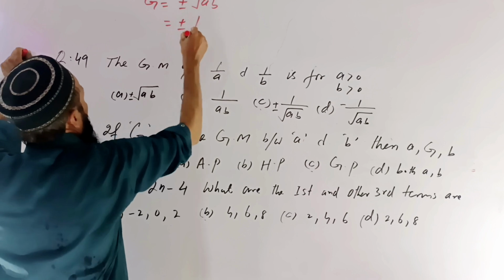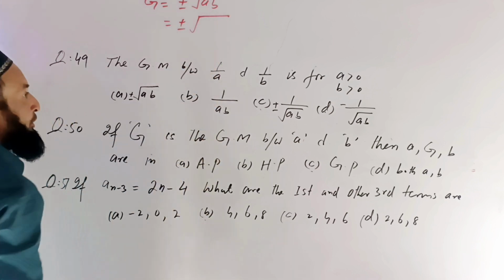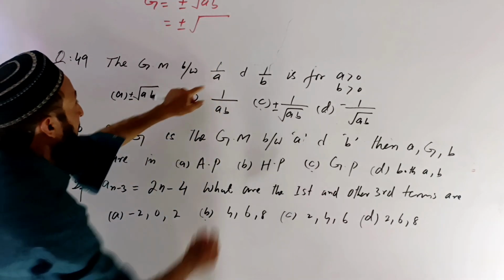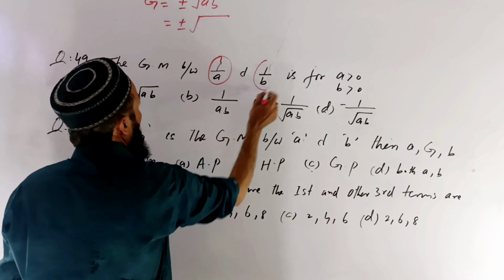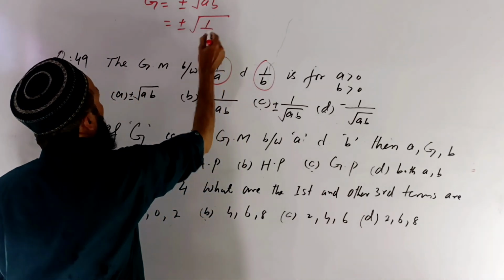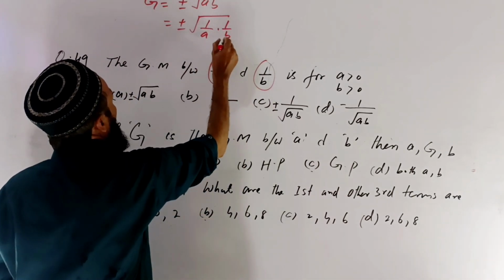So this is the general formula for the geometric mean between two terms a and b, but here 1 over a and 1 over b are given, so in their place we get 1 over a into 1 over b.